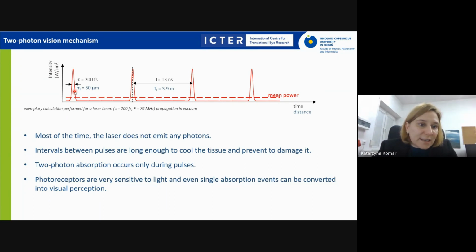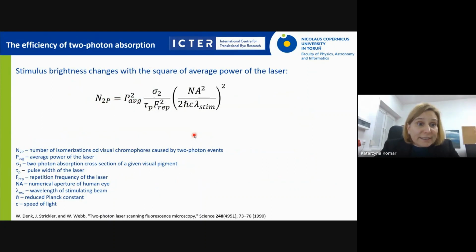So this is the reason that two-photon vision can occur. So these two things, the proper design of the pulses and the high sensitivity of photoreceptors to absorption events. And two-photon absorption is commonly used, for example, in two-photon microscopy.